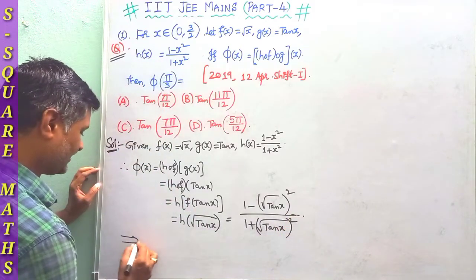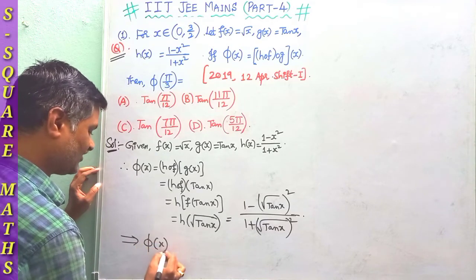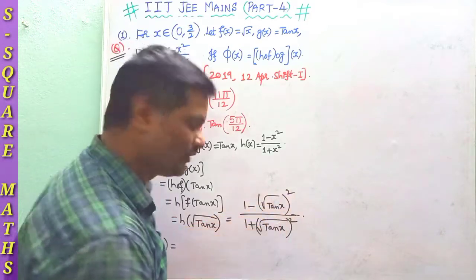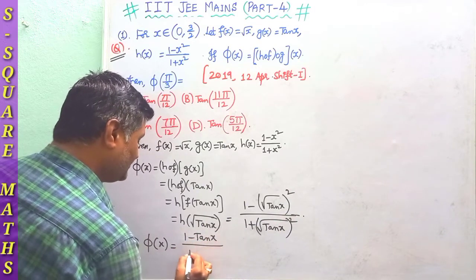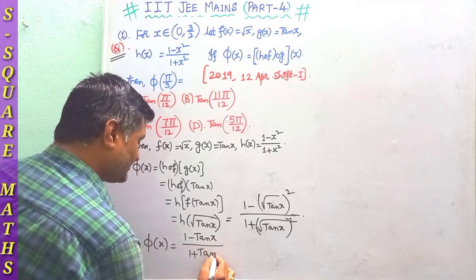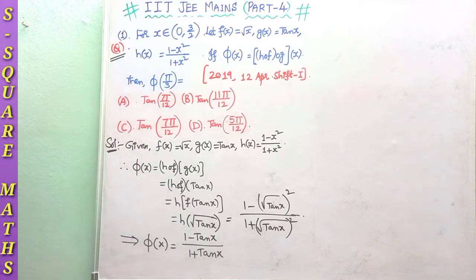So this implies phi of x is nothing but, finally, 1 minus tan x by 1 plus tan x. This is the phi of x I got.